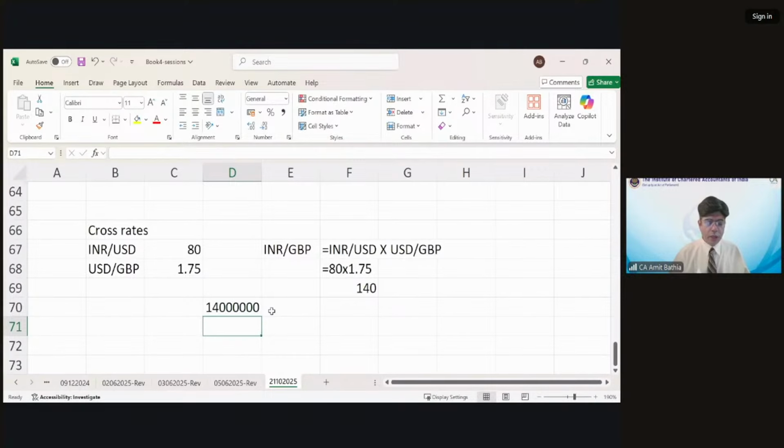Now, one of the very important concepts for us is how do we go about doing these exchange rate forecasting, right?